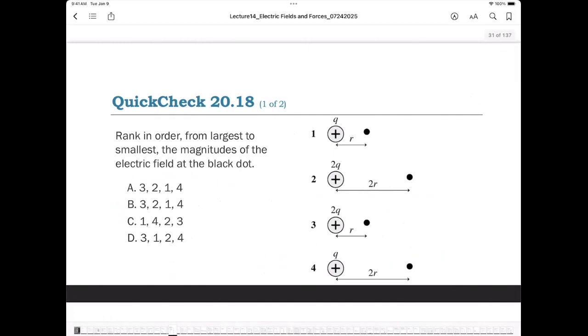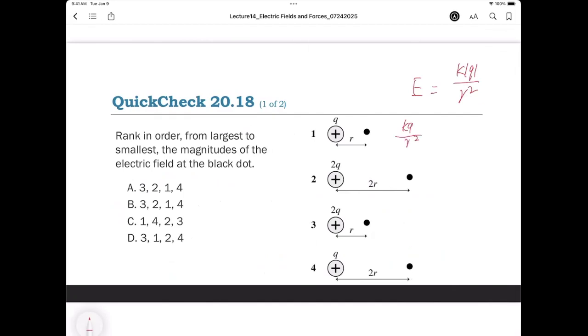Rank in order from largest to smallest the magnitudes of the electric field at the black dot. It's a similar thing; we just write the equation here. E equals kQ over R squared. So this one is kQ over R squared. This is k2Q over (2R) squared, this is k2Q, and this is kQ.